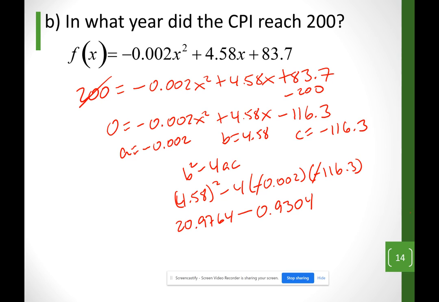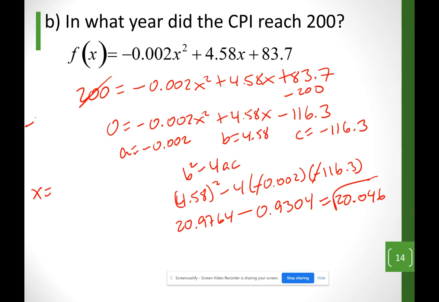Now 20.9764 minus 0.9304 gives me 20.046. I have to get the square root of that. I'm not going to work the square root right now, but at least when it comes to solving for x, I'm going to have my whole formula.